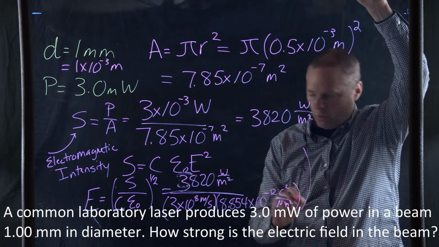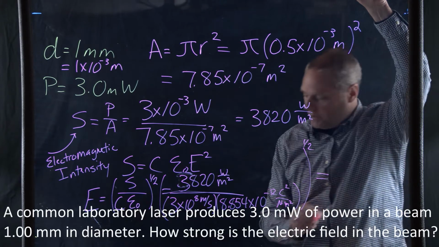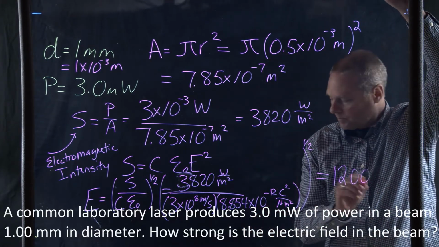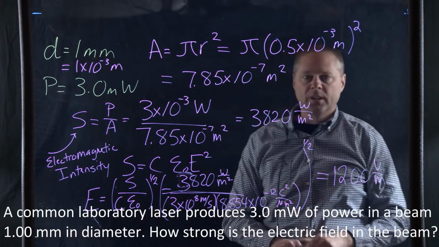And then the square root of all of this. When we do this calculation, we come up with 1,200 volts per meter, which is the units of an electric field.